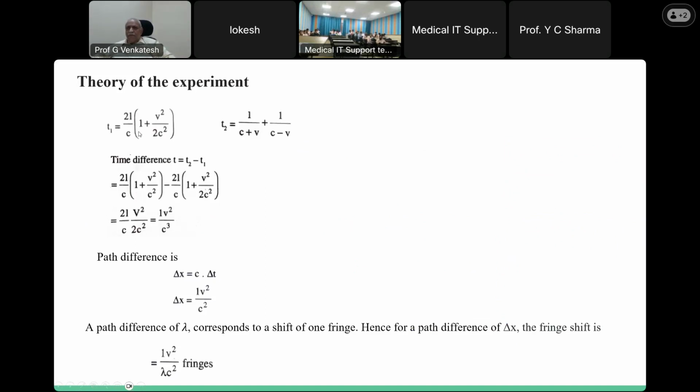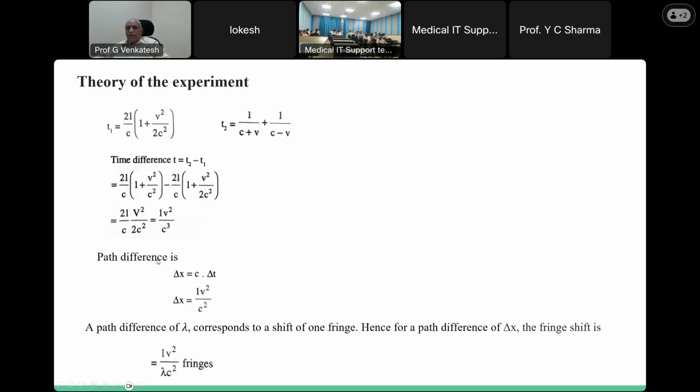Therefore, it is 2L by C into 1 plus V squared by 2C squared. I am not going into the algebra of this. But if you calculate the time difference between the two, ignoring the higher powers of V squared by C squared, we get approximately 2L by C into V squared by 2C squared, which gives you LV squared by C cubed. This is the time difference.